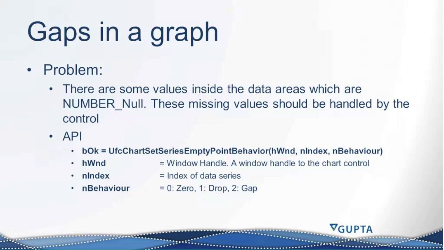If you have 1, this is a drop, so we ignore the missing value. And gap, oh, I'm sorry, 0 means go to 0. So number null is now replaced with 0. So drop means drop the missing value, so ignore this missing value, and 2 means gap. I'm sorry, I mixed it up.